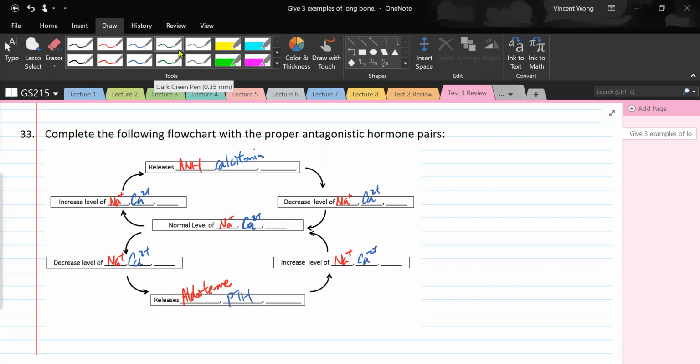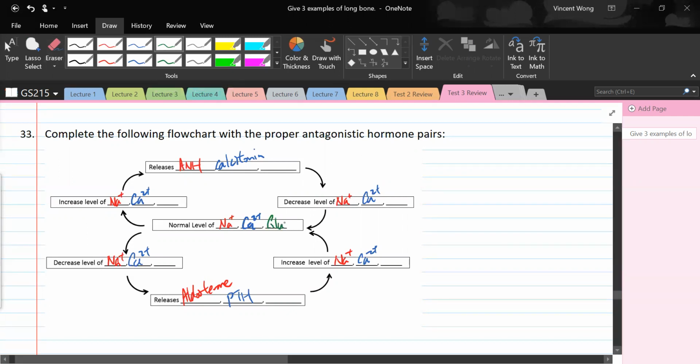And then the last one is the glucose. If glucose goes up, then we need insulin, which brings glucose back down. If glucose goes down, then we need glucagon. Both are from the pancreas, the beta cells and the alpha cells. And we're going to bring the glucose back up.